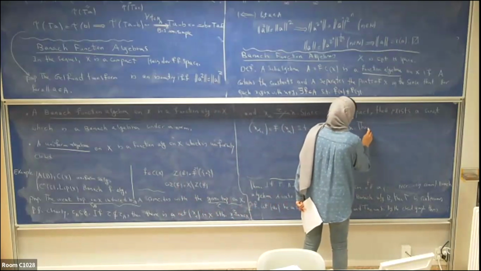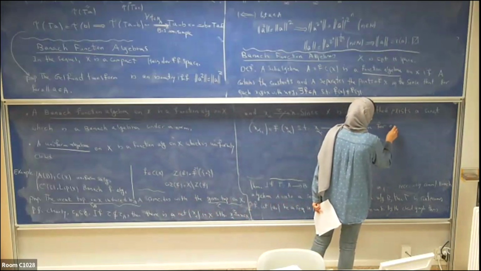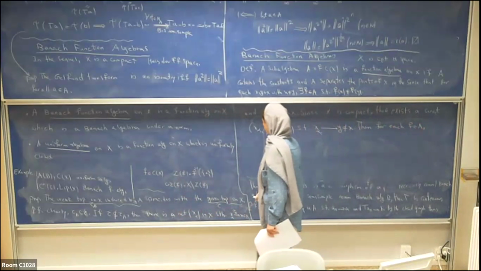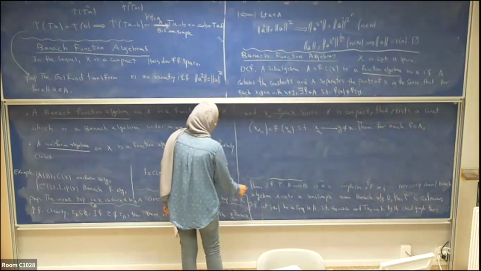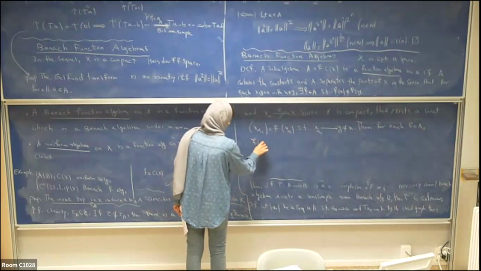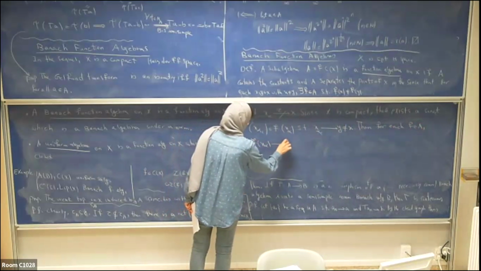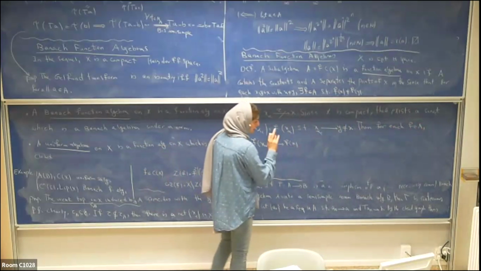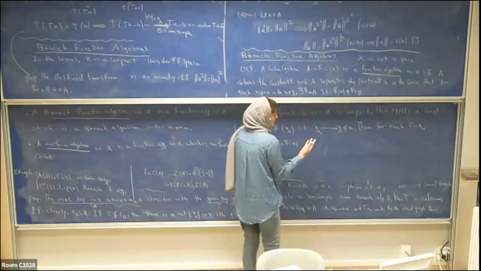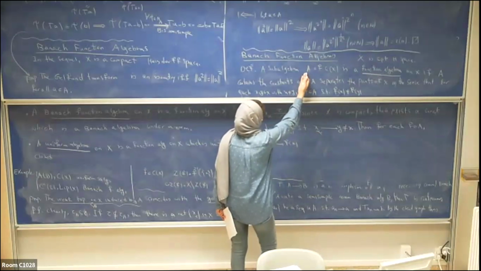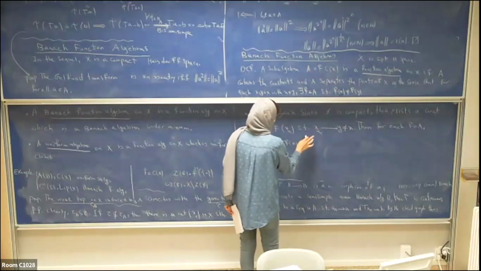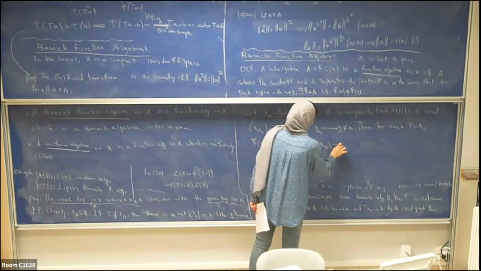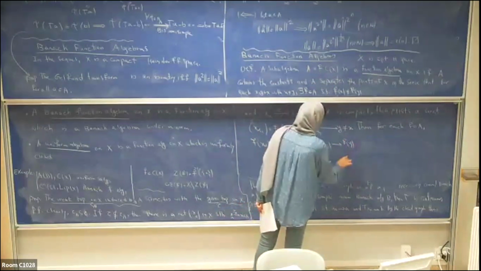Then for each f in A, because of this convergence, we have f(x_alpha) goes to f(x). On the other hand, each f is continuous with the original topology because A is a subset of C(X), so f(x_alpha_i) goes to f(y).